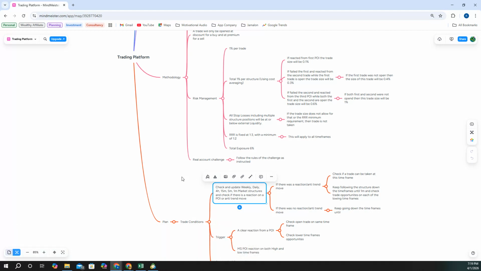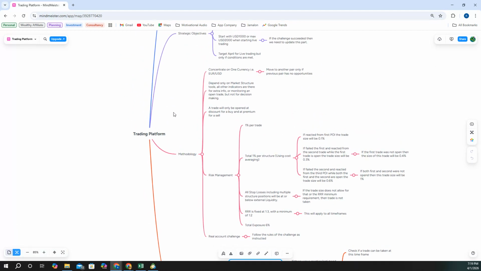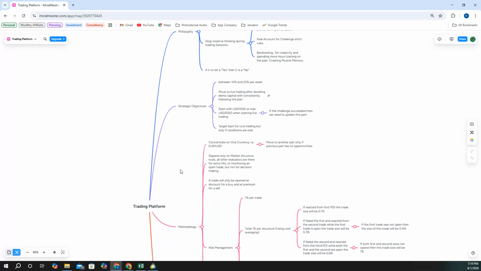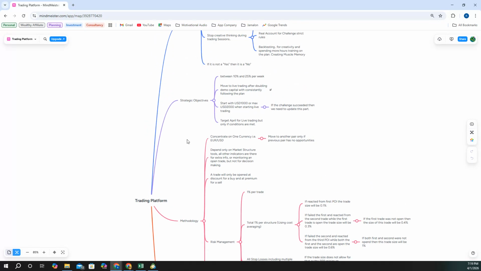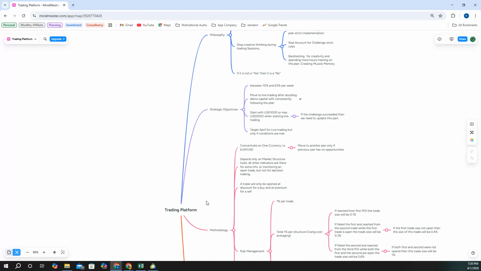So in this session, I talked about the importance of the trading platform. I talked about the role of methodology, the strategy here is writing the general strategies that will lead me to achieve the strategic objectives.